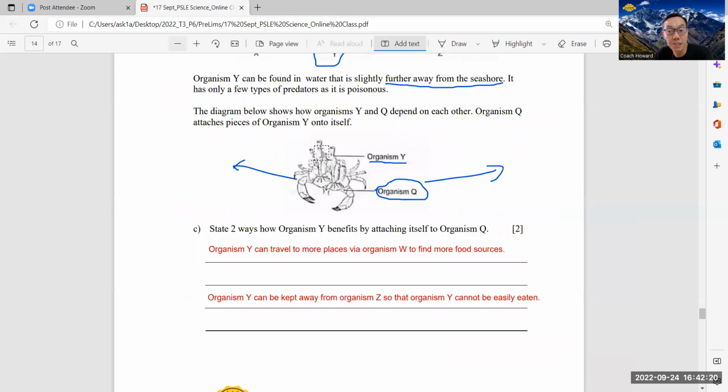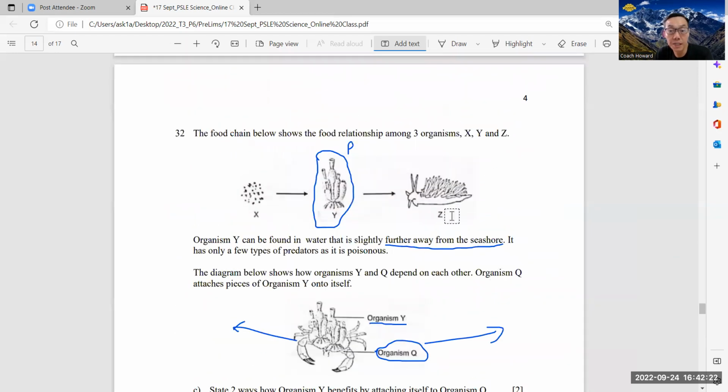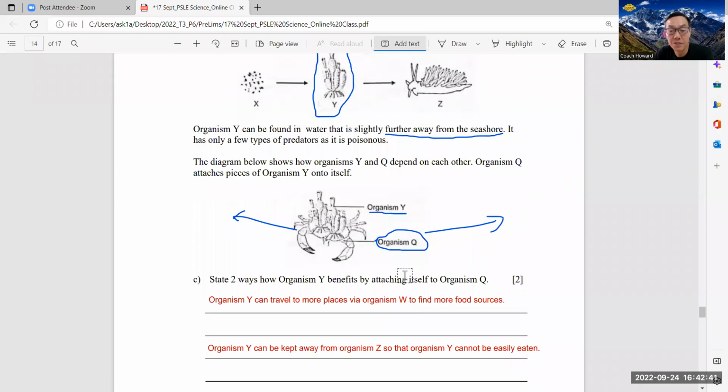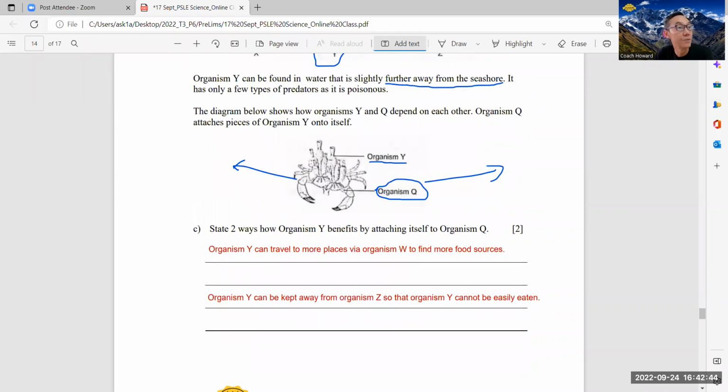A food chain is being given here. Can you see this is a food chain? Z actually eats the poisonous Y. By attaching itself to this crab, which has pincers to protect itself, indirectly organism Y gets protected. So that's the answer for this, which I will also screenshot and send to you shortly.